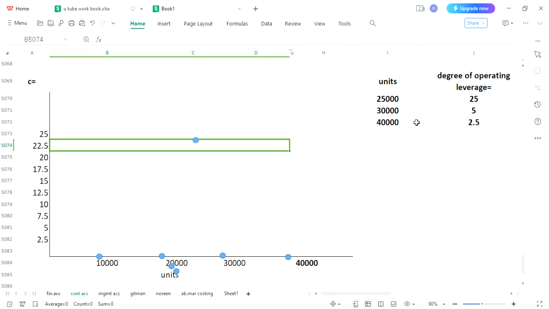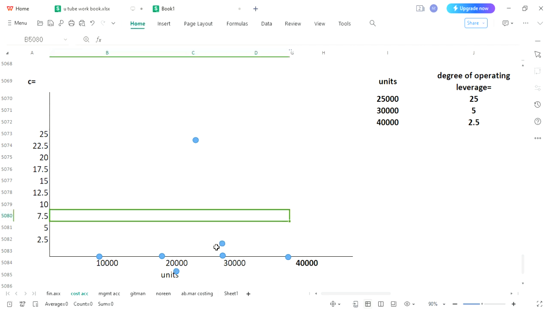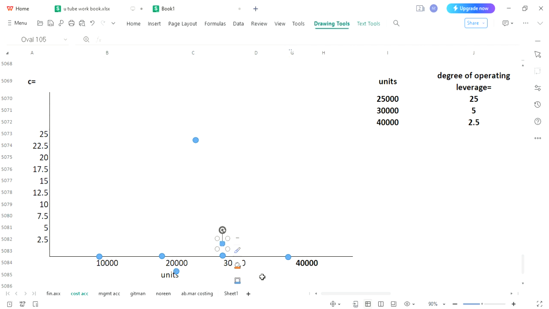And now second point is 30,000 and 5. 30,000 is here and 5 would be over here. So just pick the second point. Upon your copy, you will be making these points exactly like what we are doing right now. So this is your second point. Now we need to change its color so that we can distinguish.